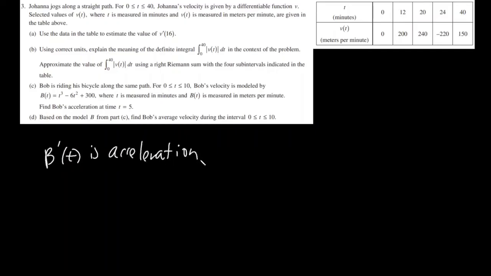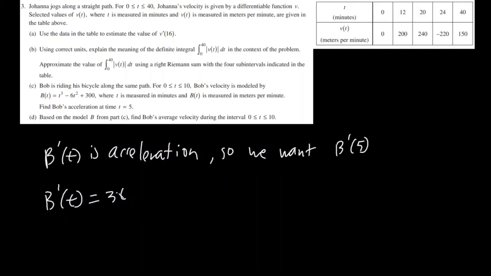Okay, so to find the acceleration at time t equals 5, we want the derivative at 5. First let's start off by finding B prime of t, and that's going to be a simple application of the power rule to get us 3t squared minus 12t.